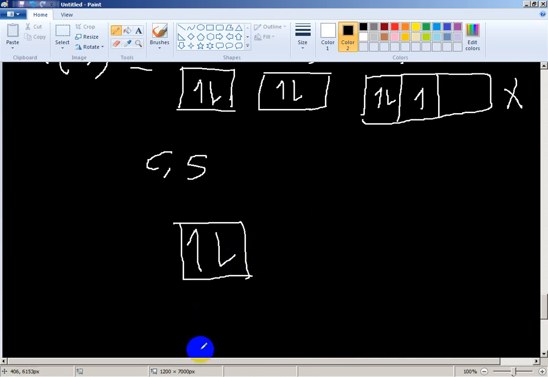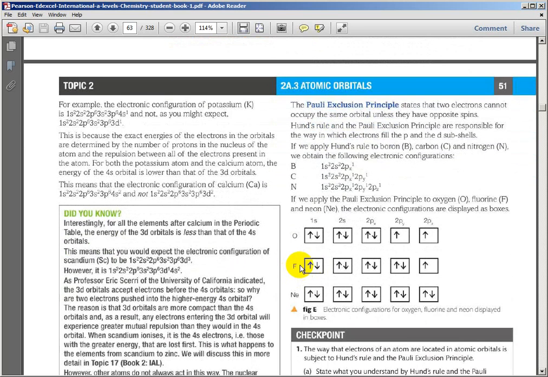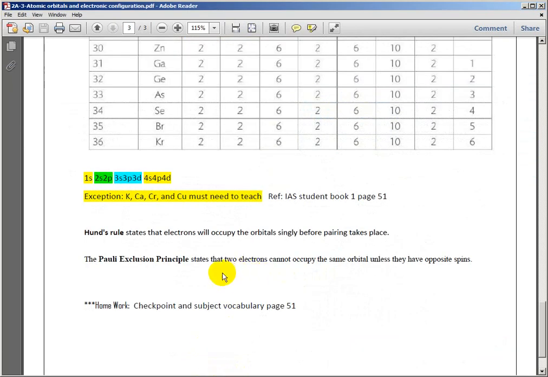Pauli exclusion principle states that two electrons cannot occupy the same orbital unless they have opposite spins.